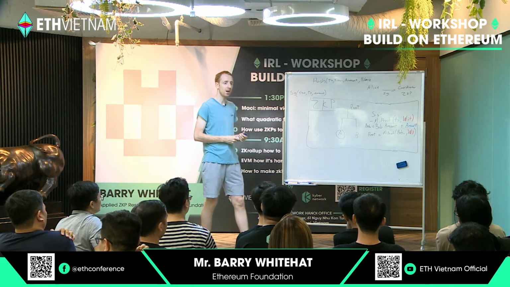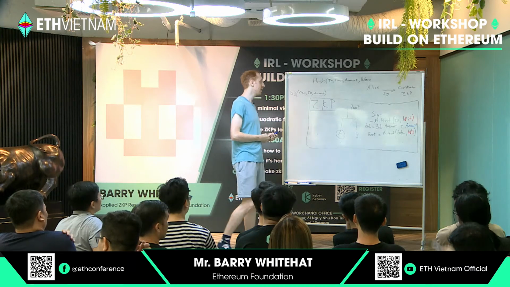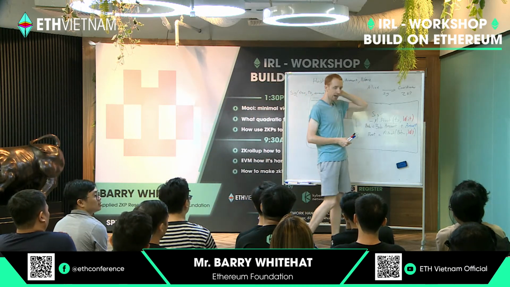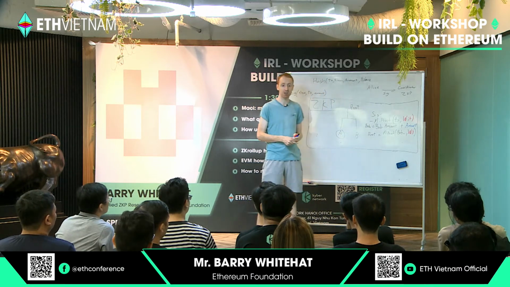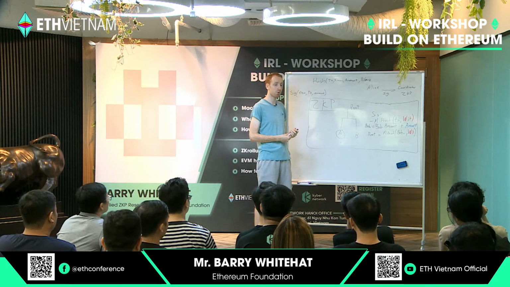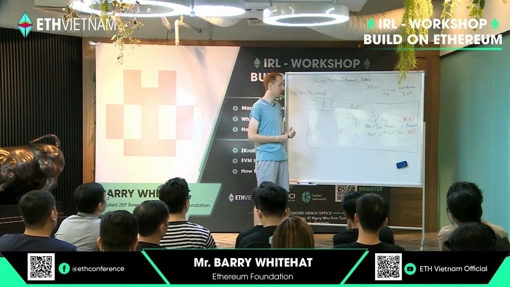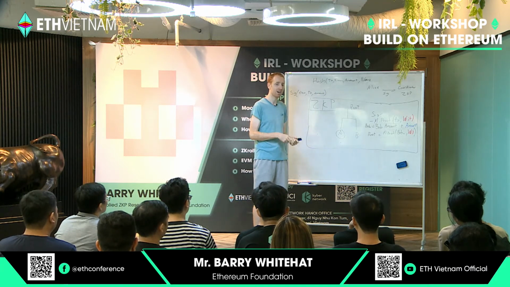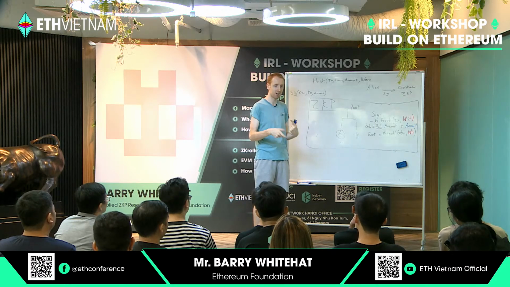Nonce. So in this example, we didn't talk about nonce. The idea of a nonce is to provide replay protection. In this situation, the coordinator could make many proofs, taking money from Alice and giving money to Bob, and just repeat that until all of Alice's money is gone.